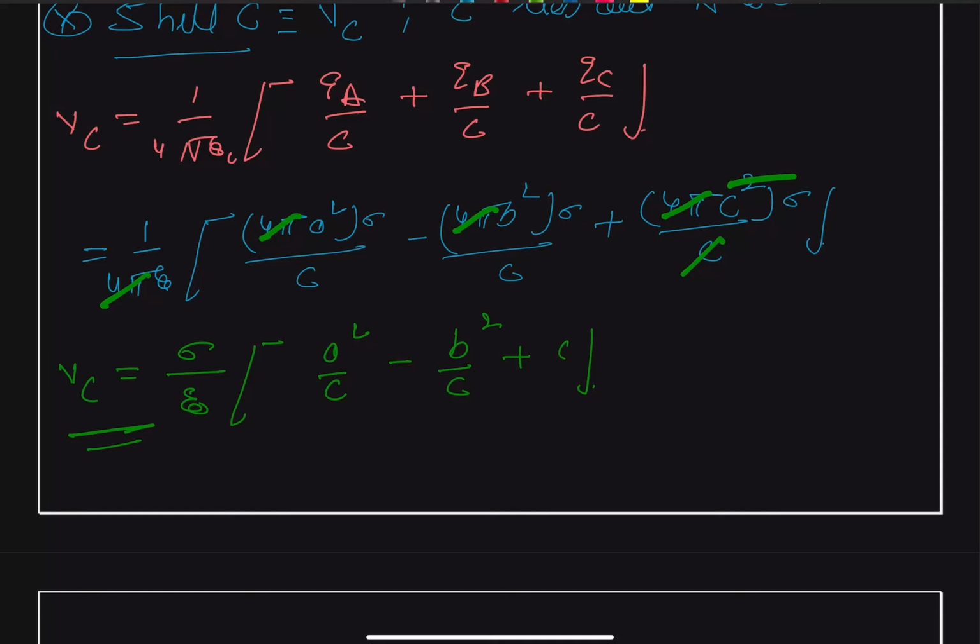And in part B, it states that the potential at A as well as the potential at C are equal.